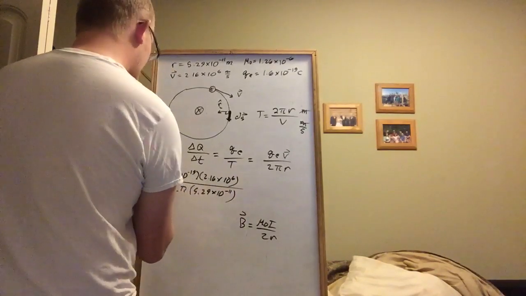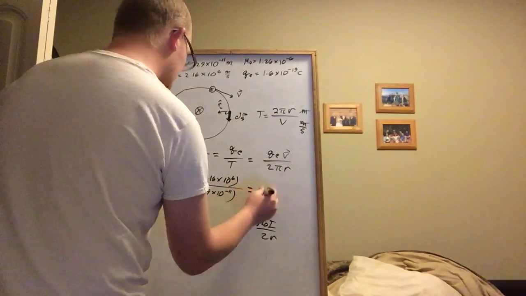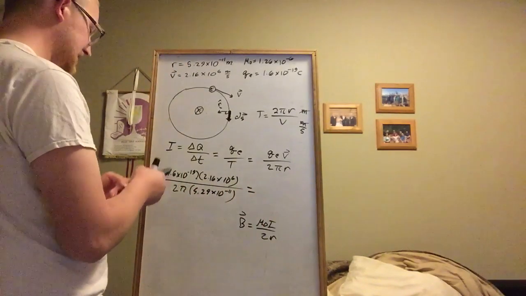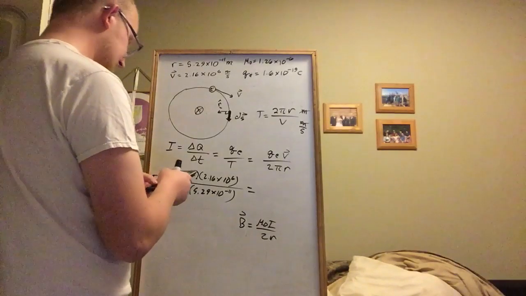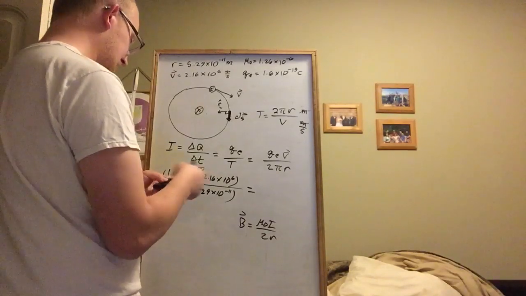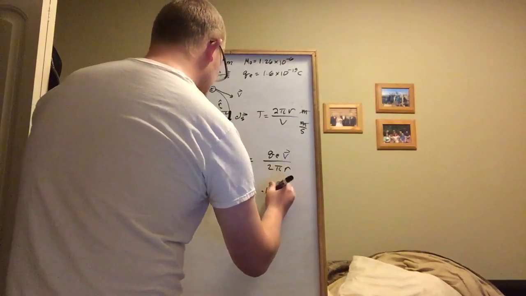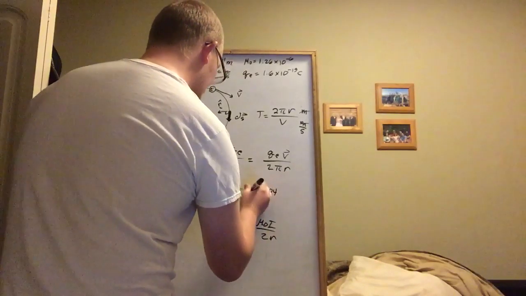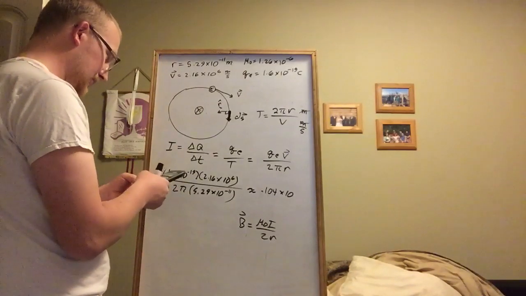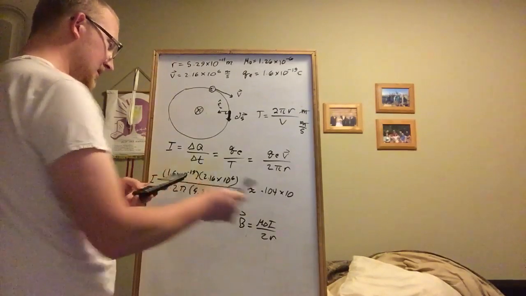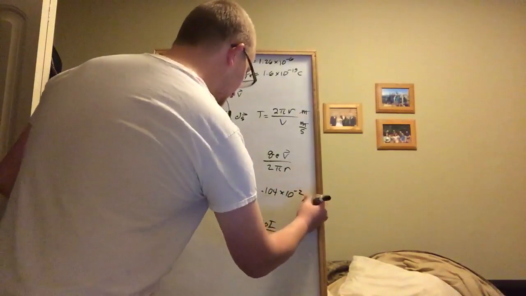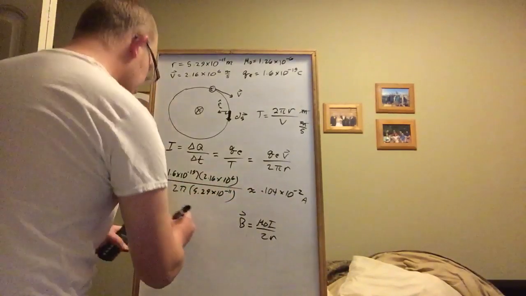This is going to give us our current, so let's solve for it. 1.6 times 2.16 divided by 2 divided by pi divided by 5.29 gives us roughly 0.104 times 10 to the negative 19 plus 6 plus 11, that's 10 to the minus 2, and the units there are amps. Now we can go ahead and plug this value into our equation.